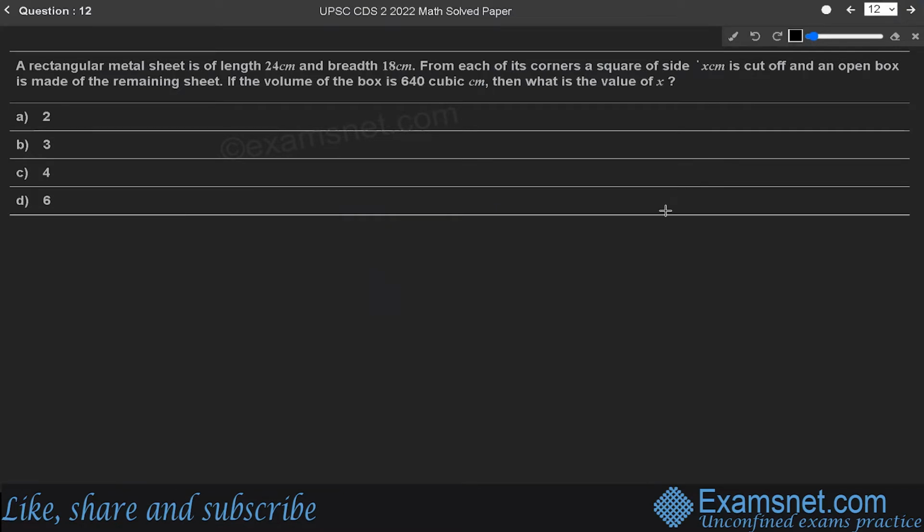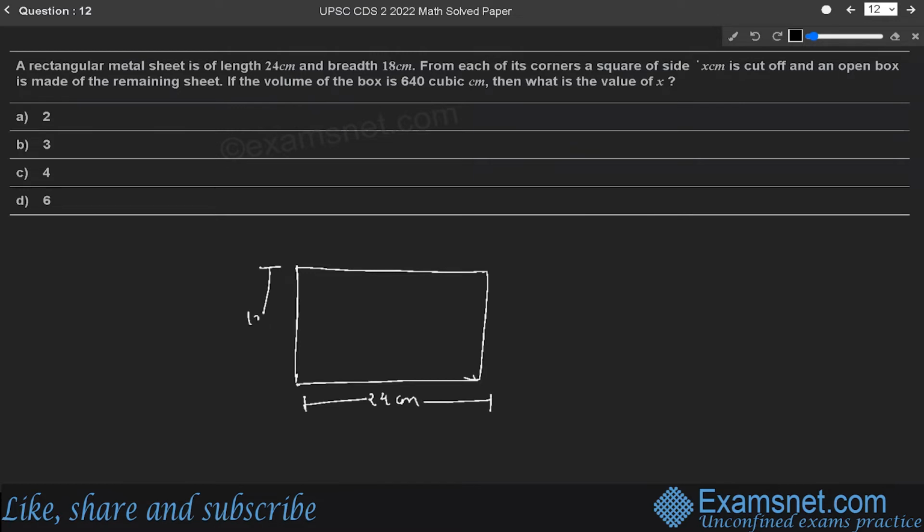Next question is: a rectangular metal sheet is of length 24 centimeter and breadth 18 centimeter. There is a rectangular sheet. Let this be the rectangular sheet. According to the question, the length is 24 centimeter and the breadth is 18 centimeter.